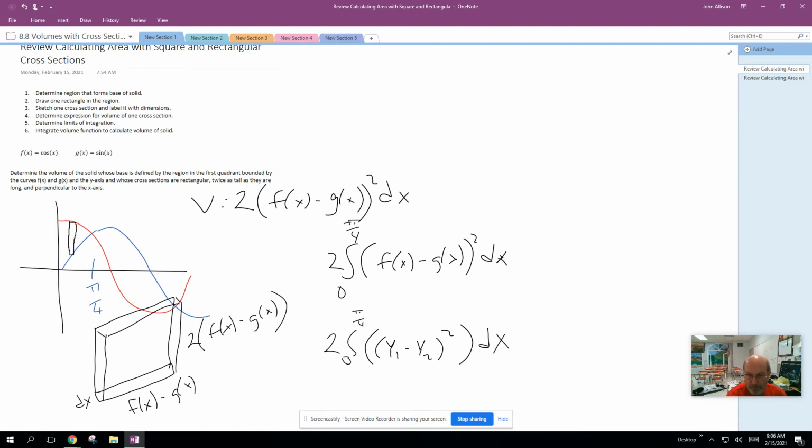It's going to ask you for the variable of integration. We're going to put x. I'm going to enter that in my calculator. Remember, math 9 gets you to the integral. 0 to pi over 4 is my limits of integration. Inside, don't forget that inside set of parentheses. I'm going to go to vars, y-vars, function to get my y1, and minus y-vars function to get my y2.